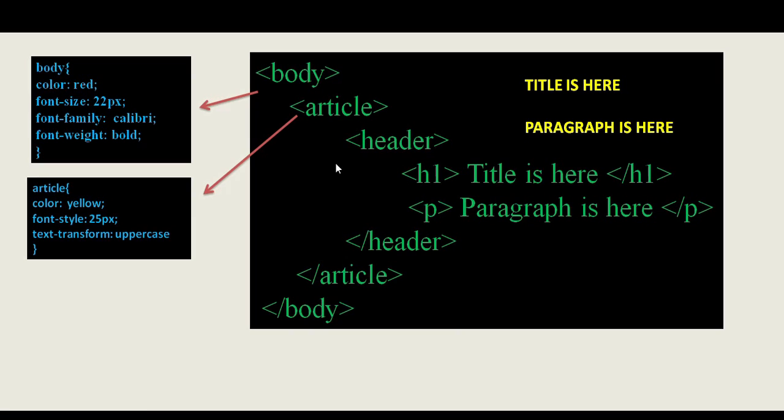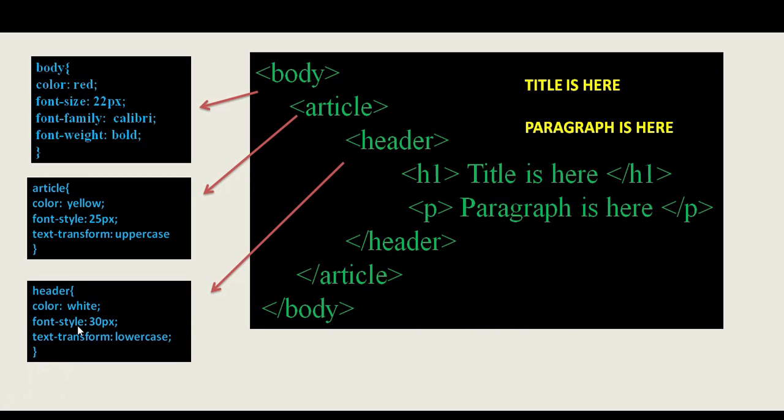And if I give some properties to the header element, those header element properties will get the first priority, because the actual parent of this h1 and the p element is the header element. Within the header element we have h1 and the p elements. That means when you make changes for the header element, those properties will be given to the h1 and the p element. The output of this will look like this.